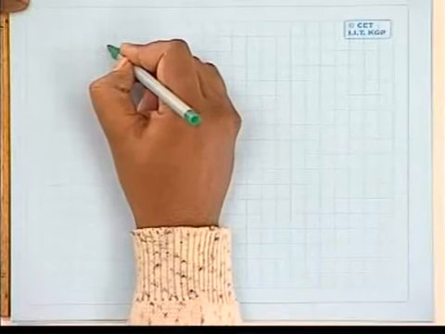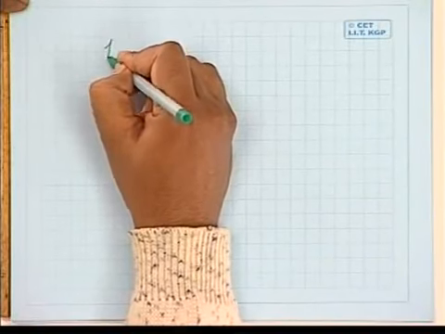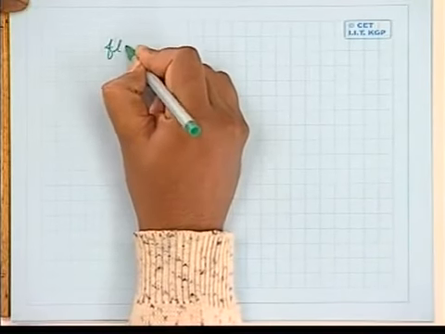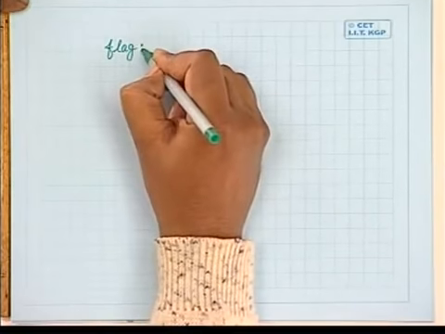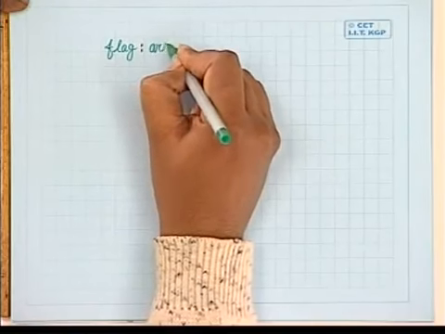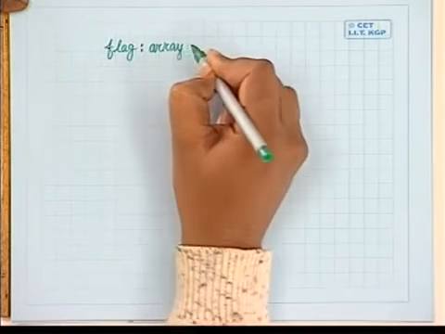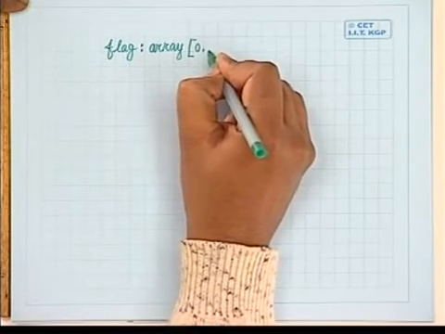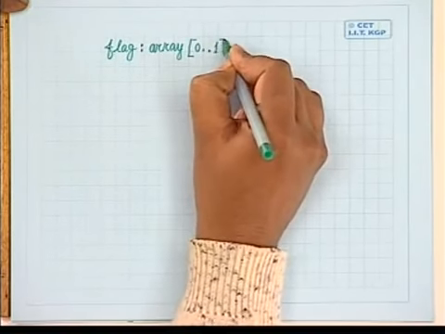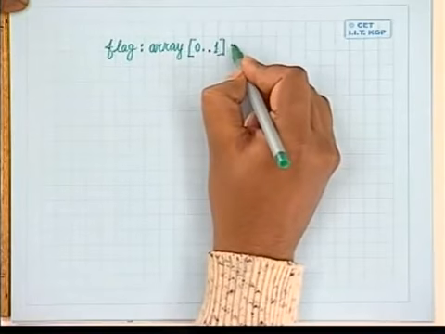Let us assume that we have an array called flag, right, which is an array because we are considering only two processes. So let us have this flag as a 2-element array of type Boolean.